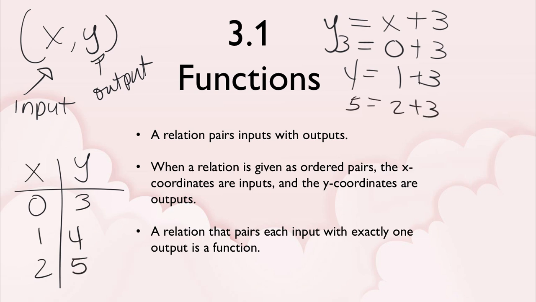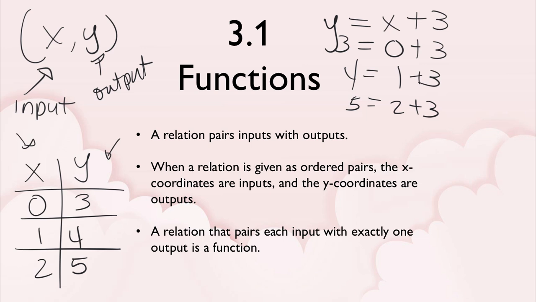So if we look at this table right over here, my x's are climbing by what? By 1s, right? And my y's are climbing by 1s as well, right? But there's a difference between each of them of 3, right? So you always have to think of your tables and functions also as patterns, okay?